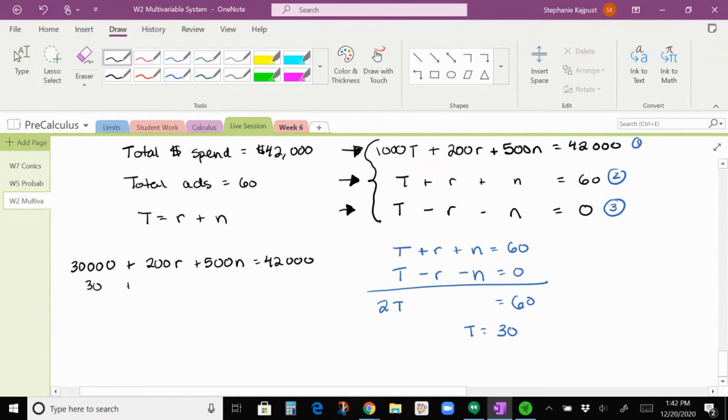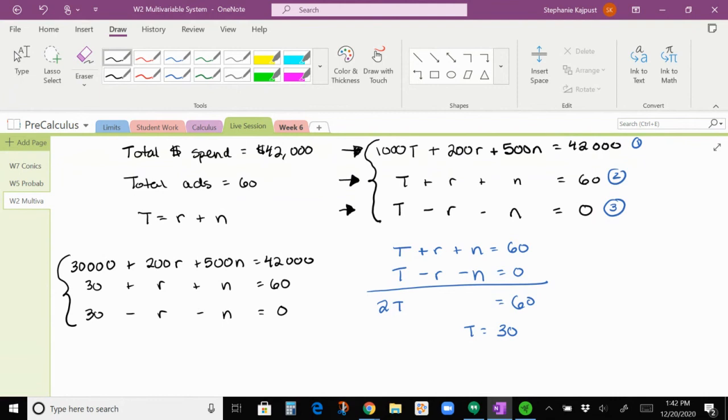And then we have 30 plus R plus N equals 60. And then 30 minus R minus N equals 0. So that's where we're at right now. And I'm immediately plugging that in for T so I can look at what we have.